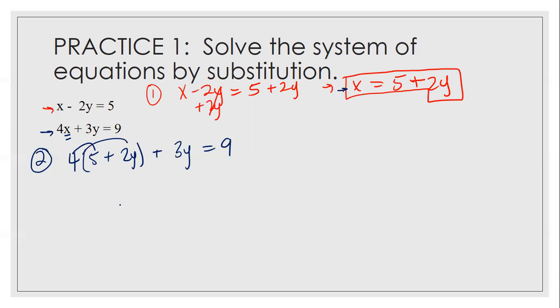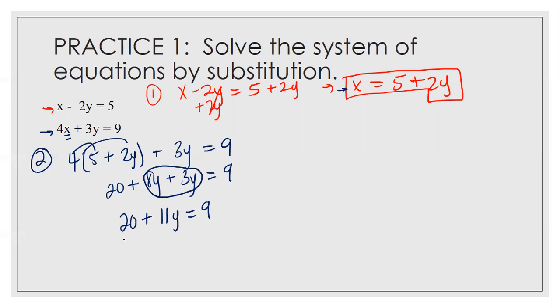Distribute. That gives us 20 plus 8y plus 3y equals 9. Combine like terms. That gives us 20 plus 11y equals 9. Subtract.